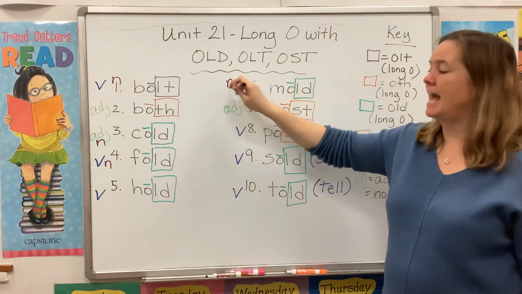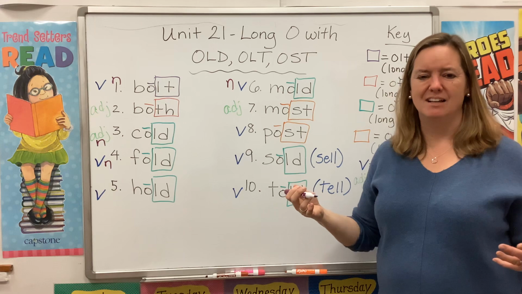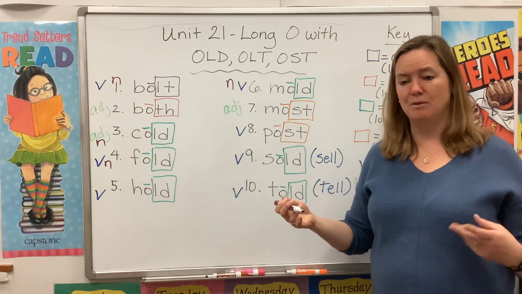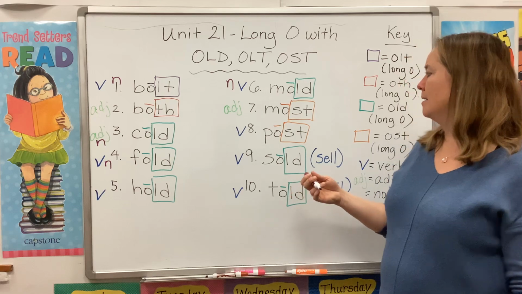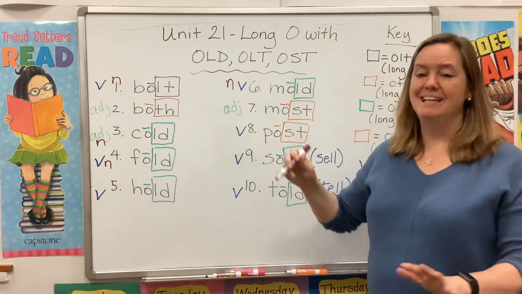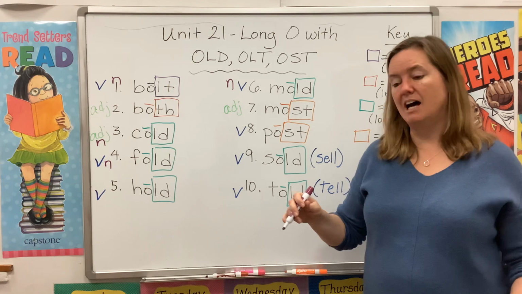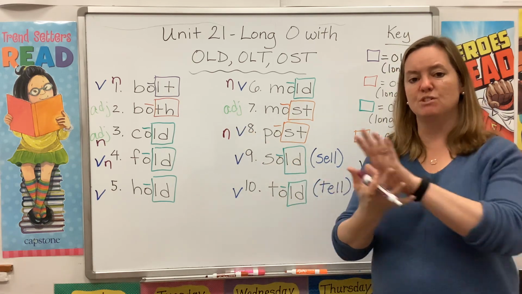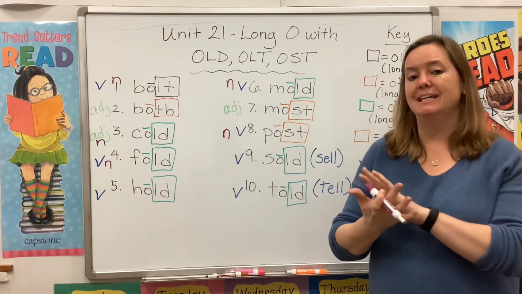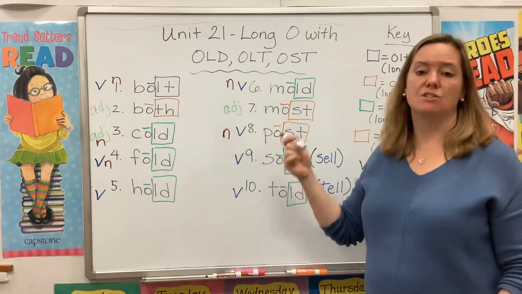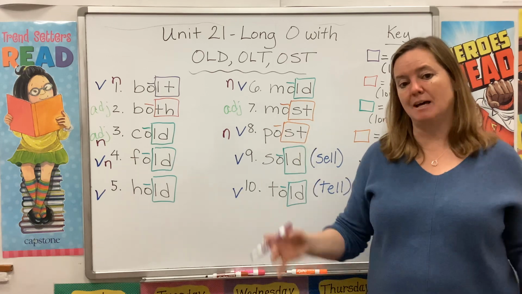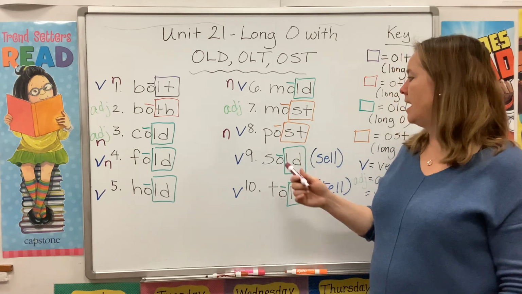Mold can be a noun if you're talking about that green stuff that grows on rotten bread. That would be mold. Post, yes, you can post things online, but then they become a post. So whatever's written on there online is a post. Or we could talk about a goal post, a fence post, so something that sticks up out of the ground.